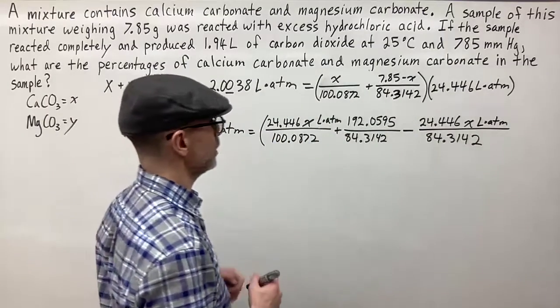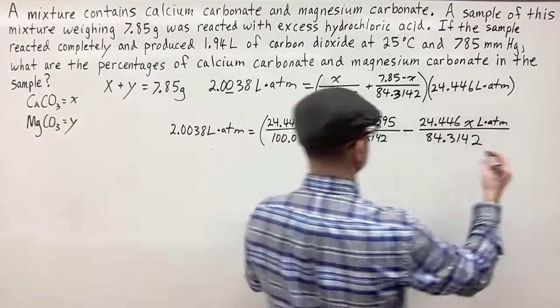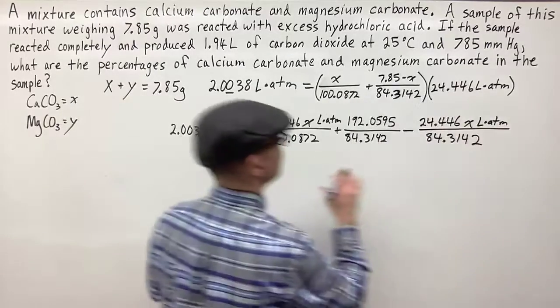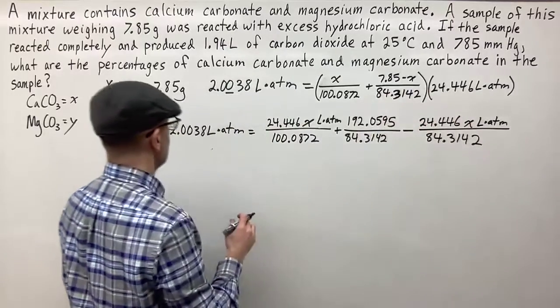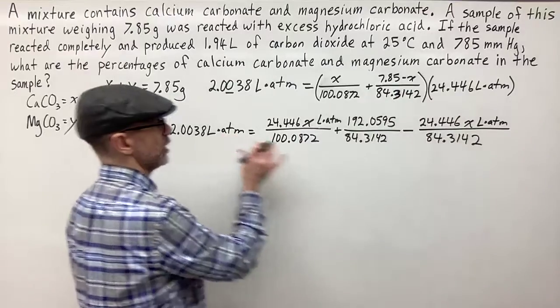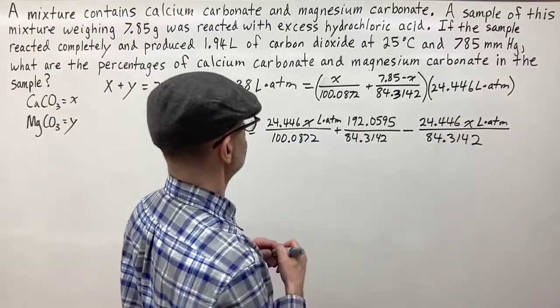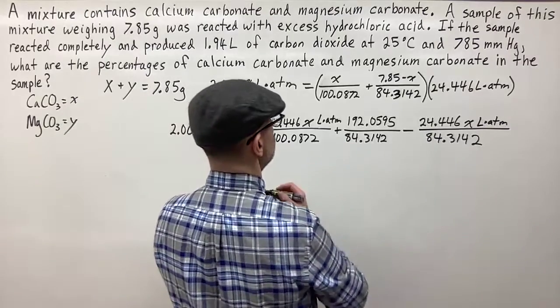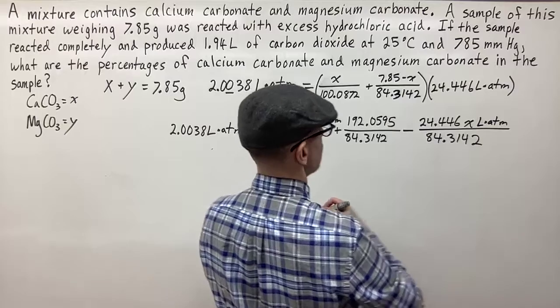Okay. Now, the thing I should mention here, now that we have liter atmospheres, actually we don't need the parentheses anymore since we multiplied this throughout. Notice the liter atmospheres here and the liter atmospheres here. And so that's going to cancel out, right?